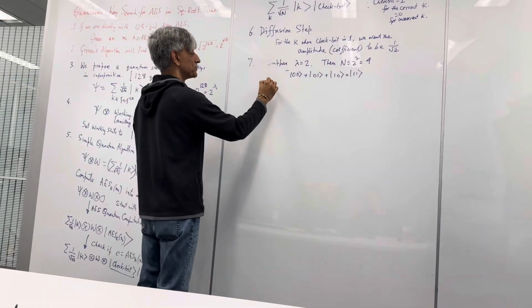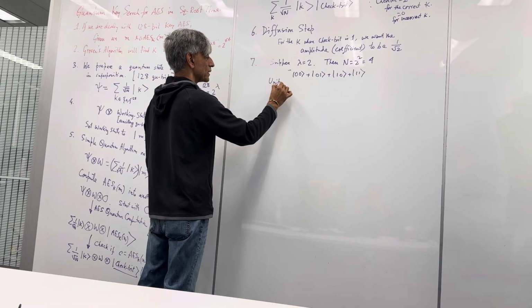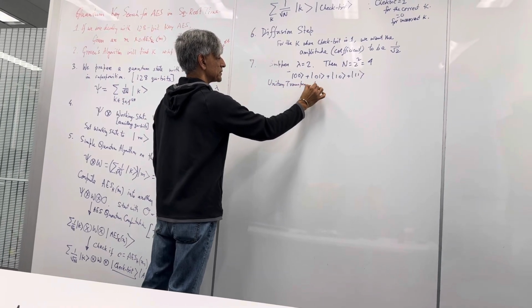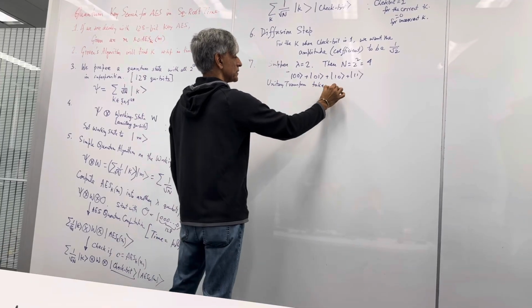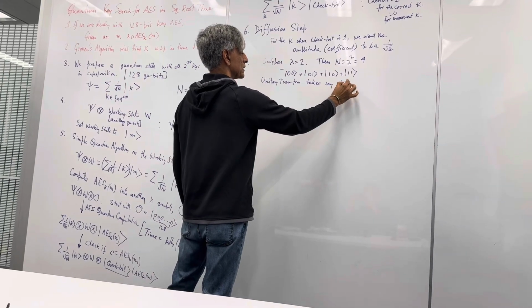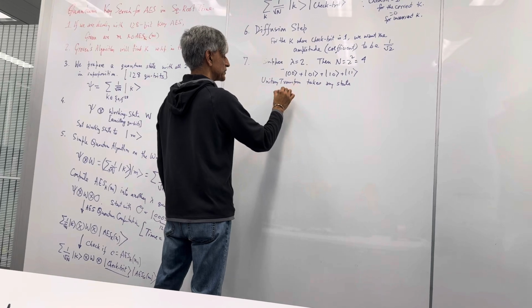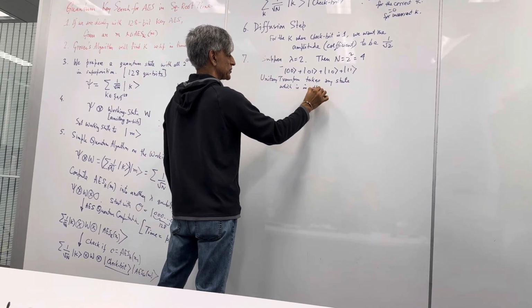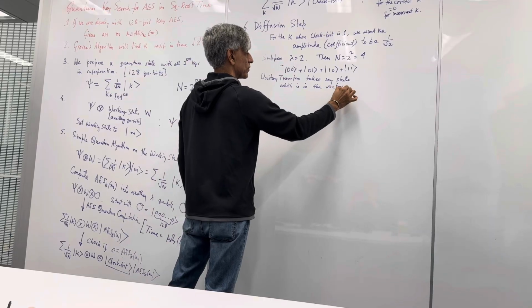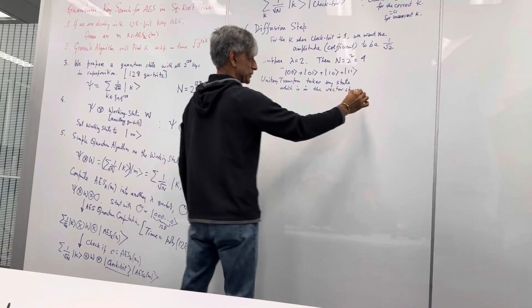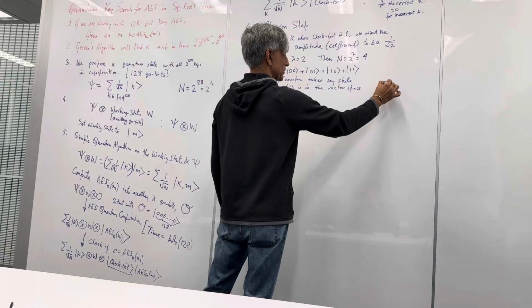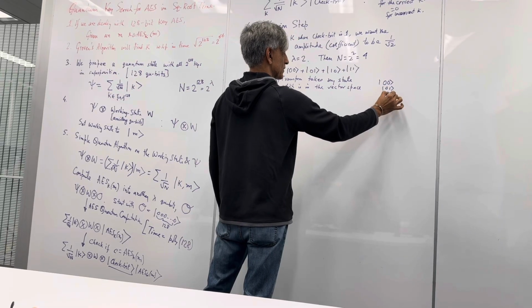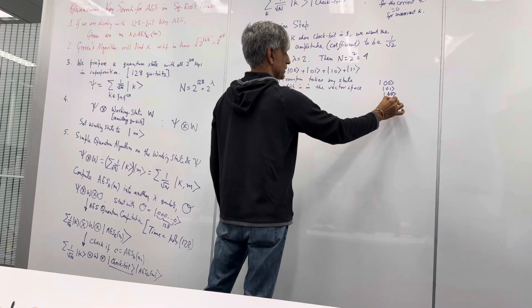A unitary transform takes any state in the vector space corresponding to 00, 01, 10, 11.